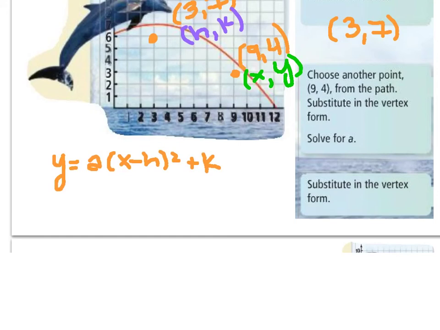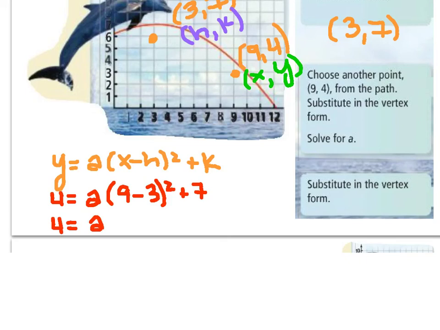So y here is 4. I don't know a. x here is 9. h is 3. k is 7. Alright, now I'm going to simplify. 9 minus 3 is 6, squared, plus 7.